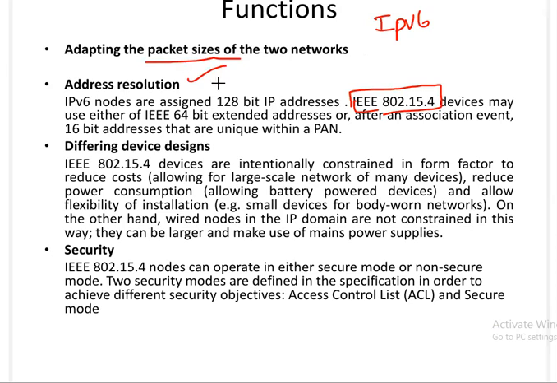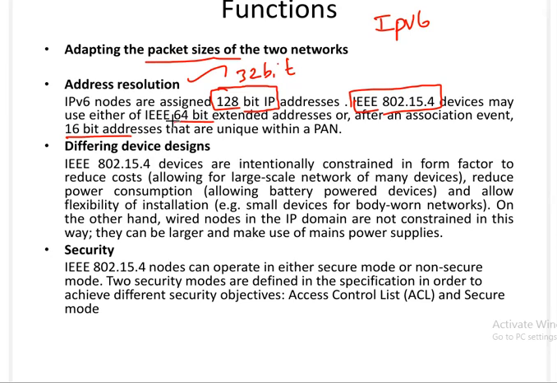And then address resolution. IP version 6 in general uses a 128-bit IP address, whereas IP version 4 uses a 32-bit IP address. And 6LoWPAN uses a different type of addressing scheme, for example it may use an IEEE 64-bit extended address or a 16-bit address. Again, there needs to be address resolution.